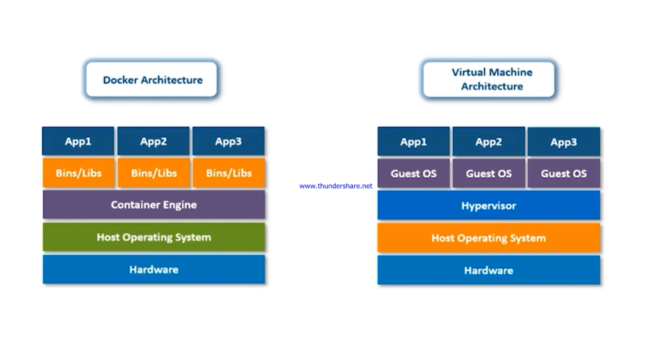Coming to VMs, it takes too much time, and we need to set up guest OSs and an operating system. On every operating system we have a hypervisor, and on every hypervisor we have multiple guest OSs that we need to maintain. Here that is not required. We maintain one engine, the container engine, and on that container engine we can set up micro applications.